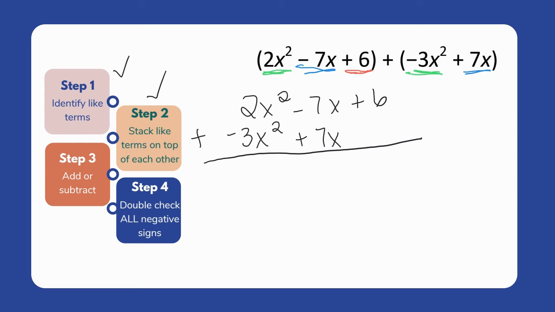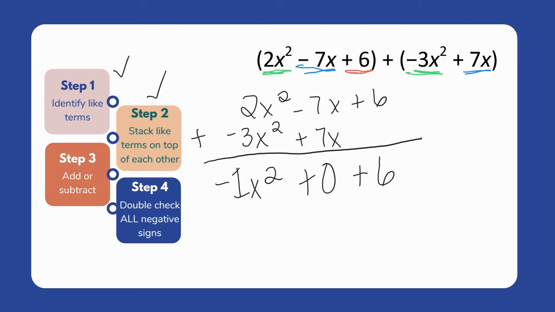So I have 2 plus negative 3, which is negative 1x squared. Then I have negative 7x plus positive 7x, which is actually 0. And since positive 6 didn't have a like term, I just have positive 6.